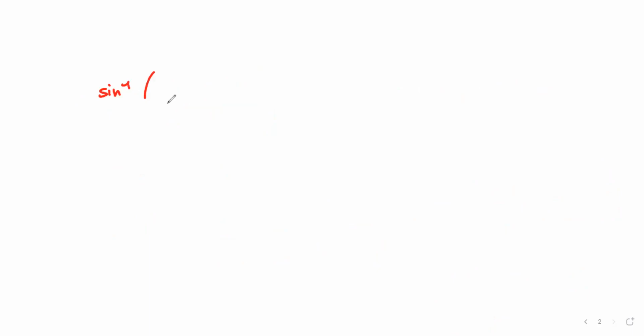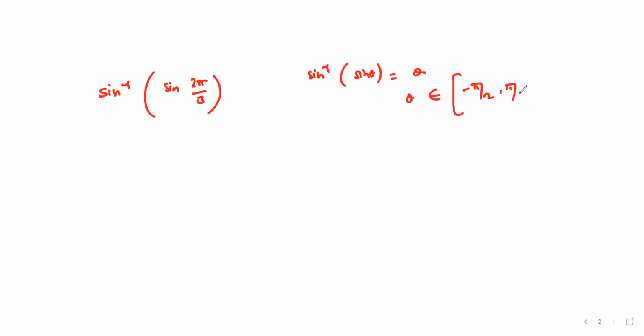Sin inverse of sin 2 pi by 3. Let us say sin inverse of sin theta equals theta; then theta must belong to minus pi by 2 to pi by 2, right? So I will write sin inverse of sin of pi minus pi by 3, which is again nothing but 2 pi by 3.